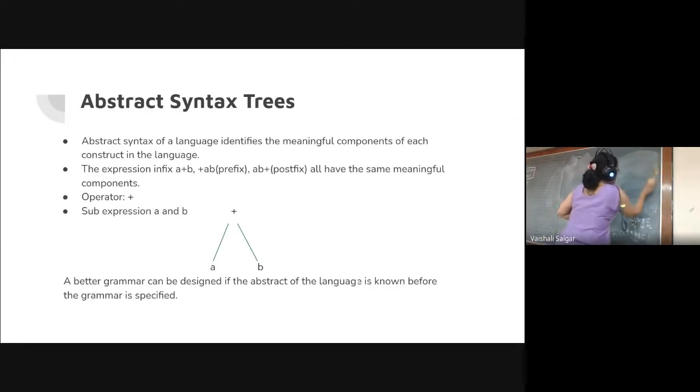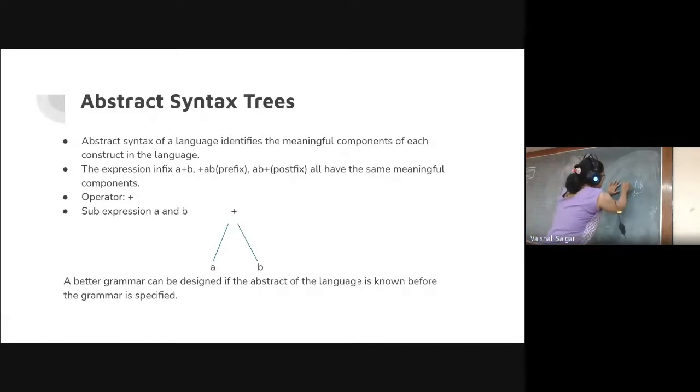Now, when we say the components of my language, it means for A plus B, A and B are the expressions, and this plus sign indicates it's an operator. So now it identifies from the language the operators and the sub expressions.